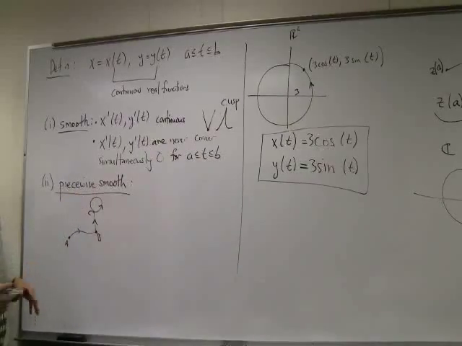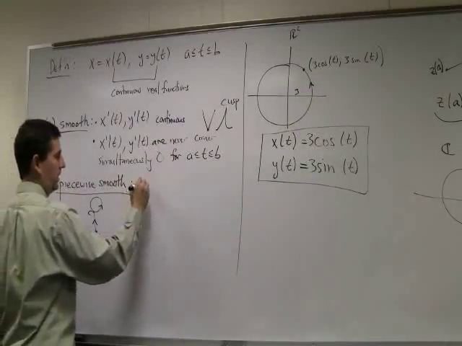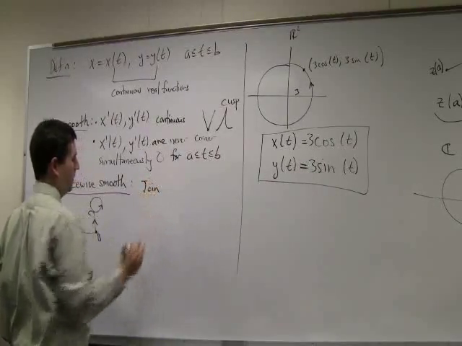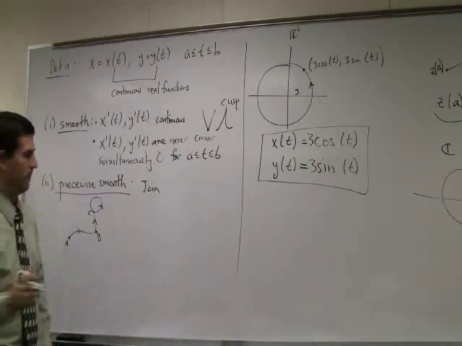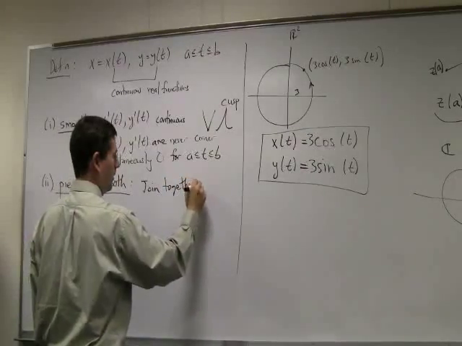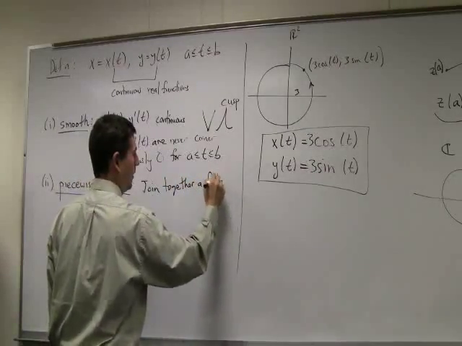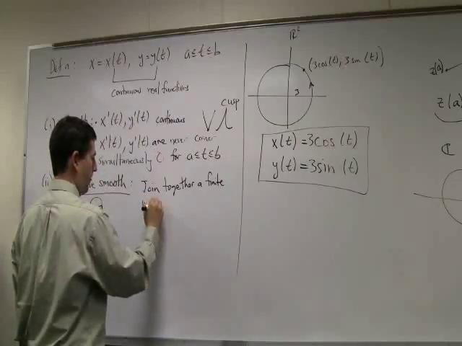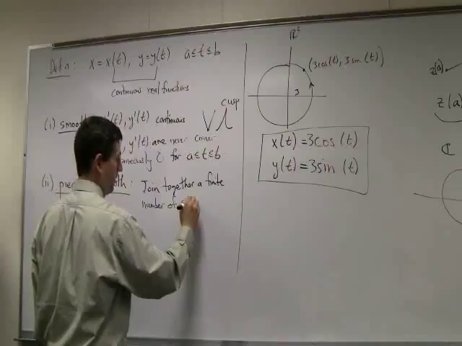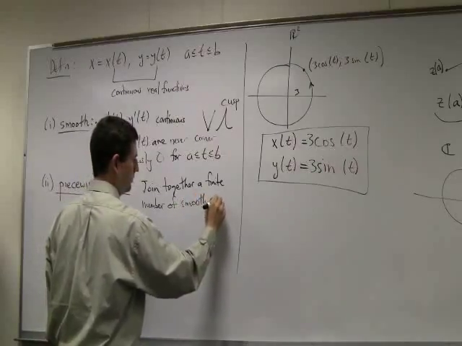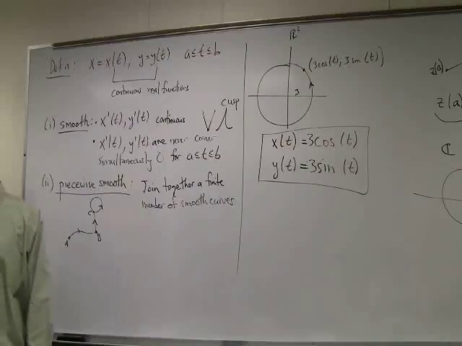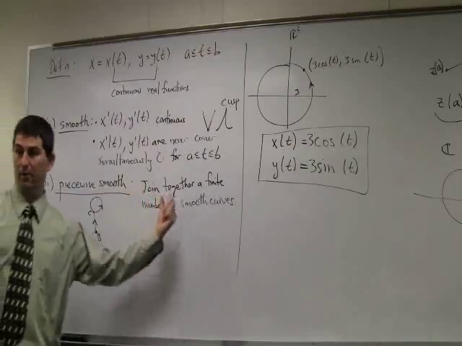So piecewise smooth is when we join, I'll say this in words, because it's not that much of an advantage to write it down in math, we join together a finite number of smooth curves. So the mathematics is in the join together.